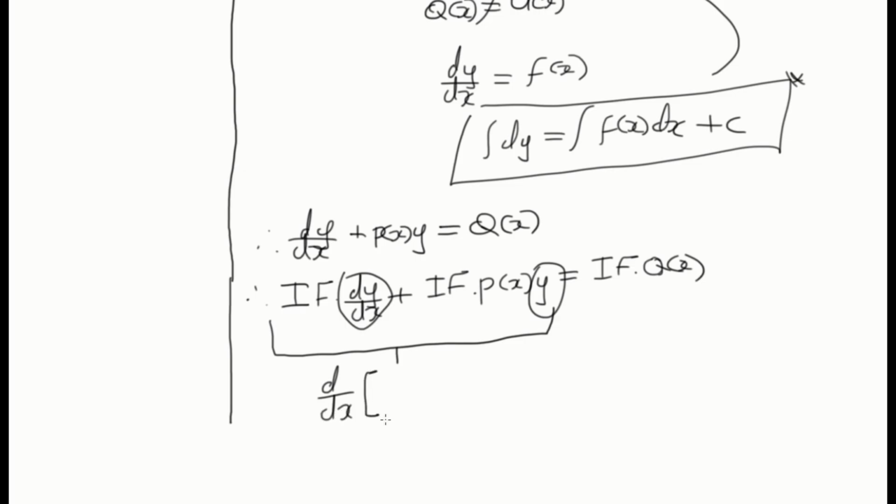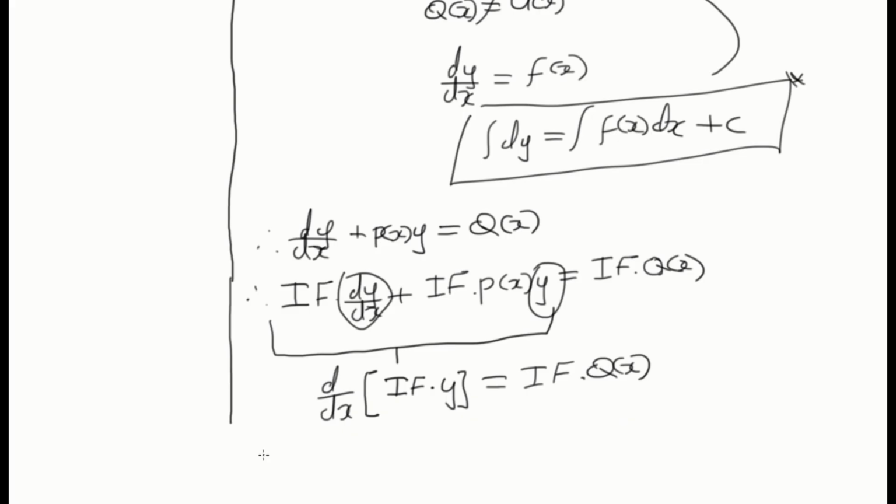The meaning of this is that we have a product. So remember the product rule. It is simply the derivative of a product of two functions. And what are those functions? This unknown function mu and y. We are hoping it will give us the product mu multiplied by y is equal to mu times q of x on the right hand side.